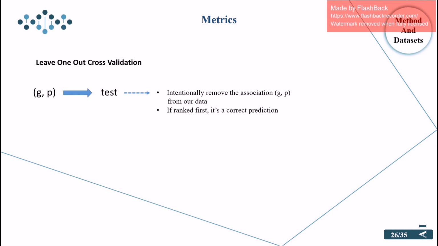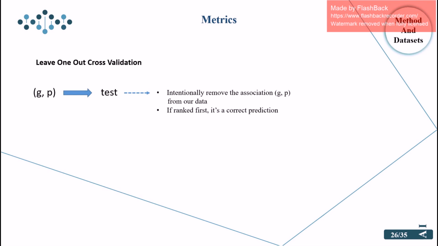In each iteration, we will remove the interaction between P and G. After running our algorithm, genes will be prioritized based on their connections to the query complex. If the test gene is ranked as first, then we consider it as a successful prediction, else it's a failed prediction.